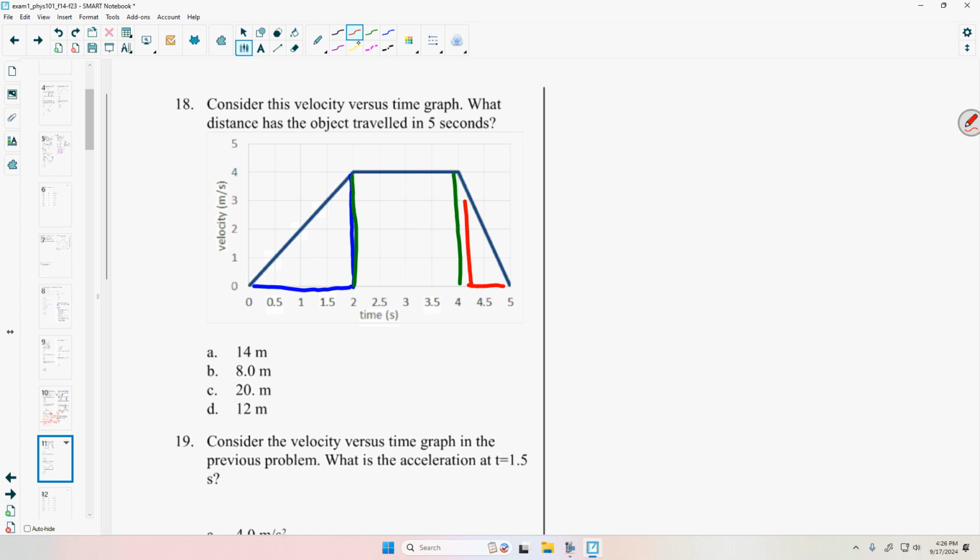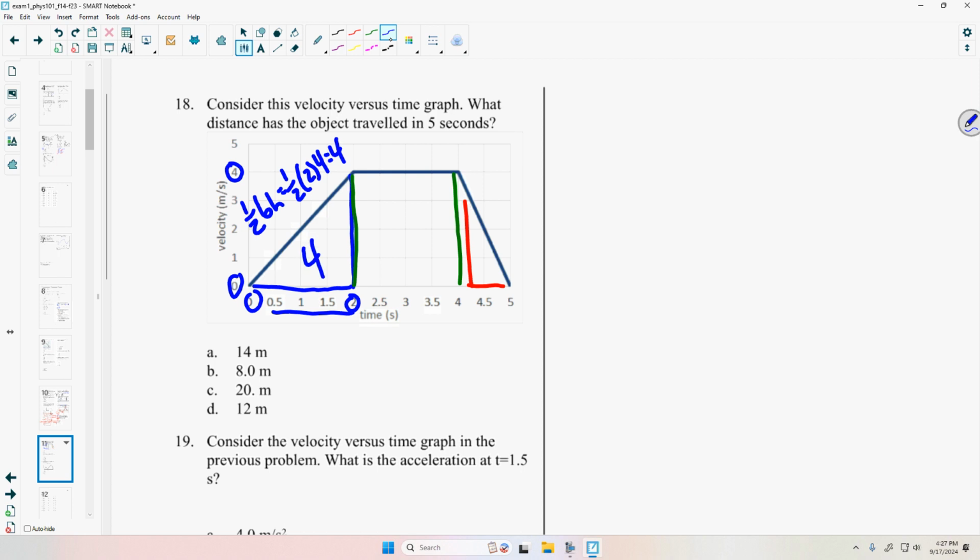I know that the area of a triangle, well, it's half of a square, right? So it's 1/2 of base times height. The base is 2 units. The height is 4 units, so it's 1/2 of 2 times 4. I got that, by the way, 0 to 4, that's where the 4 came from. 0 to 2, that's where the 2 came from. So that's equal to 4. That one has an area of 4.